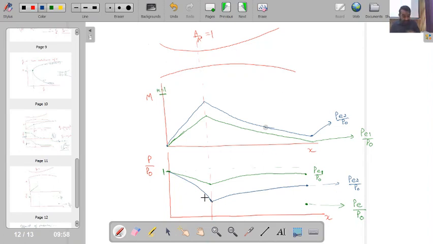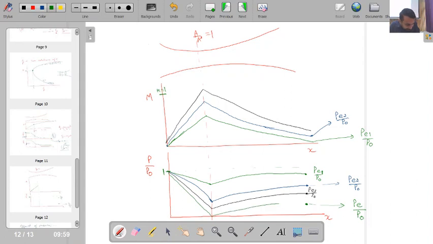Fine. Then the third situation, PE3. So say this is PE3 by P0. Then the final one, when I will be just able to make Mach number equal to 1. Corresponding to that, this will be my required pressure drop, and my Mach number will reach exactly 1, and then something like this.